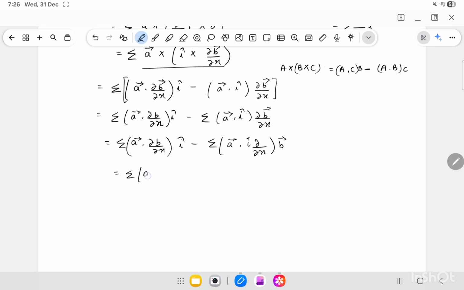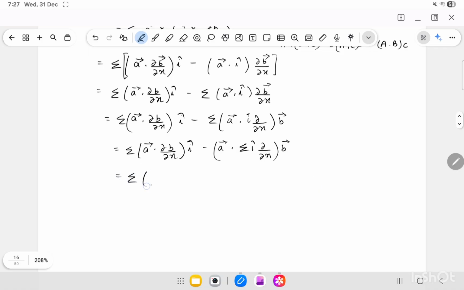summation a vector dot del b by del x i cap minus summation; we can take the summation inside, so it will be equal to a vector dot summation i vector del by del x times b vector. So it can be written as summation a vector dot del b by del x i cap minus a vector dot del times b vector.